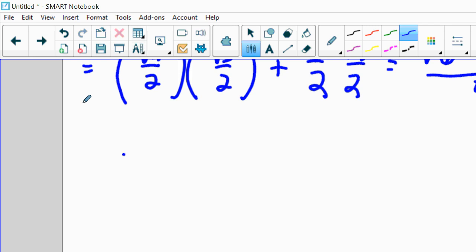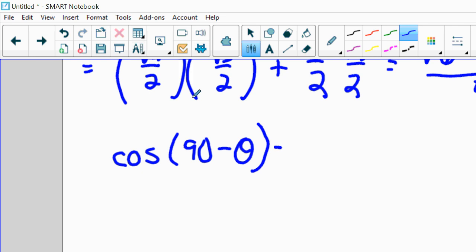Now, this is called a cofunction. But what I'm going to do is apply the cosine formula to it, and then I can actually explain what a cofunction is. It's cos cos, sin sin, 90, theta, 90, minus is plus.